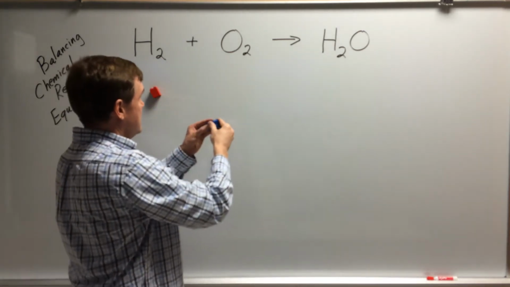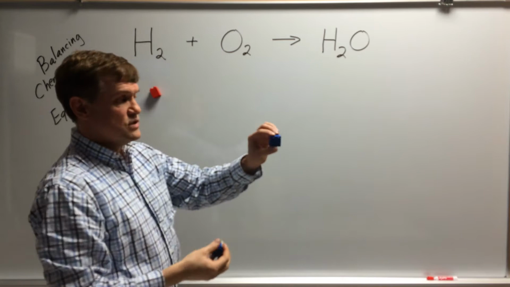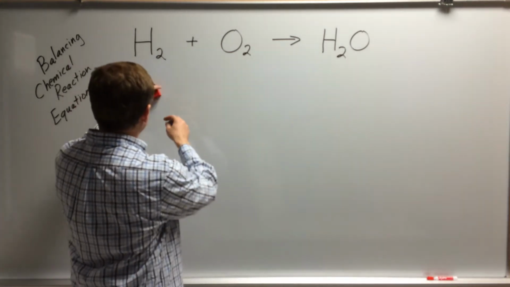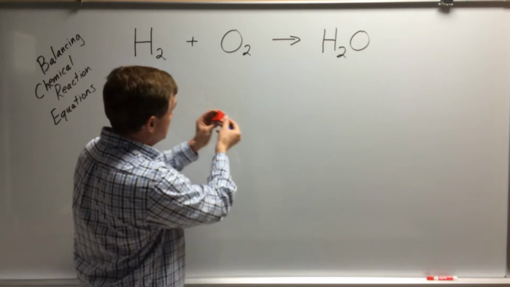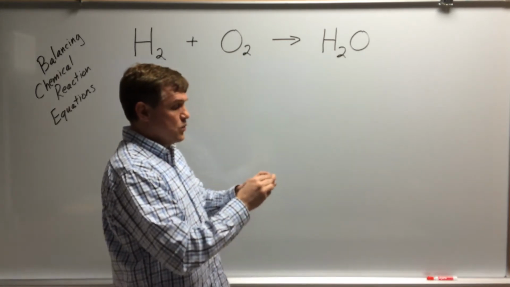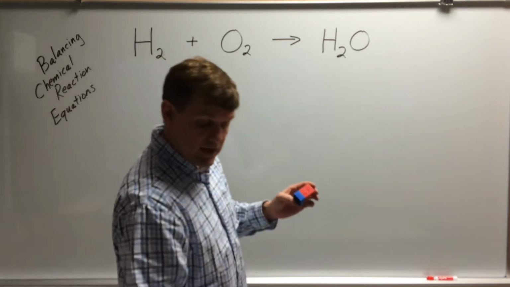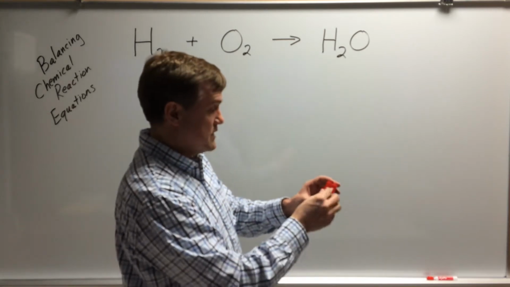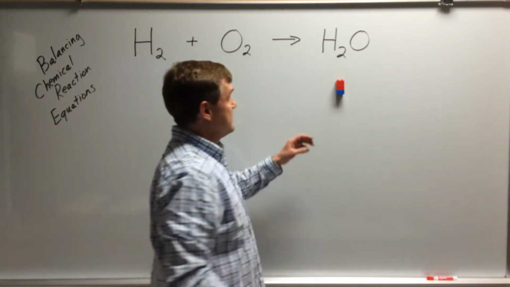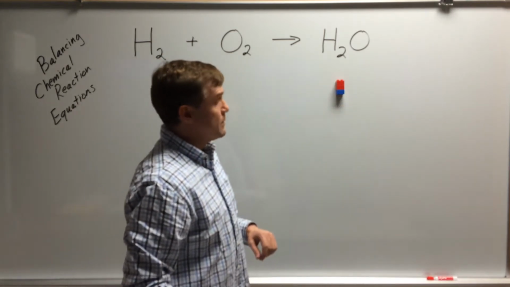We should be taking one of these oxygen atoms, and let's pull the tape off here, this oxygen atom is going to combine with our two hydrogen atoms, and put that tape back on. And now later in time, I have my water molecule.